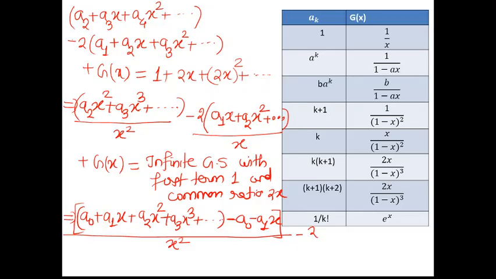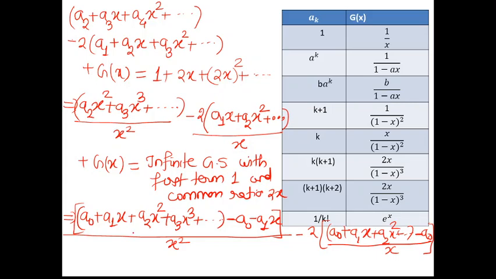Again, what is missing? a0 is missing. So we add a0 as well as subtract, and divide by x to the complete term.